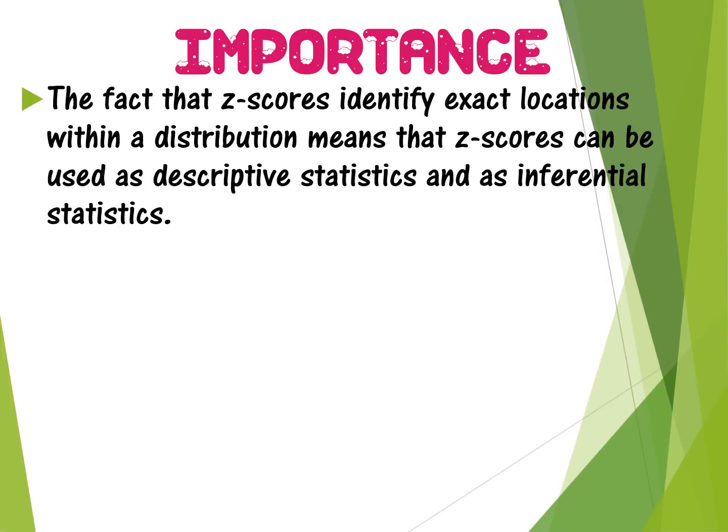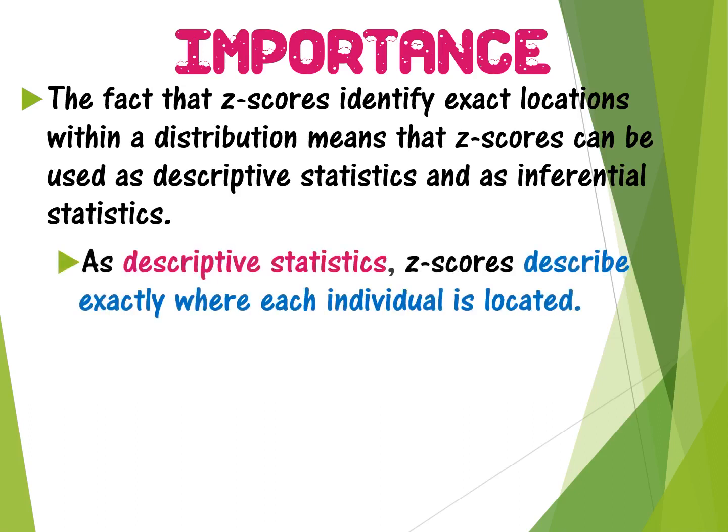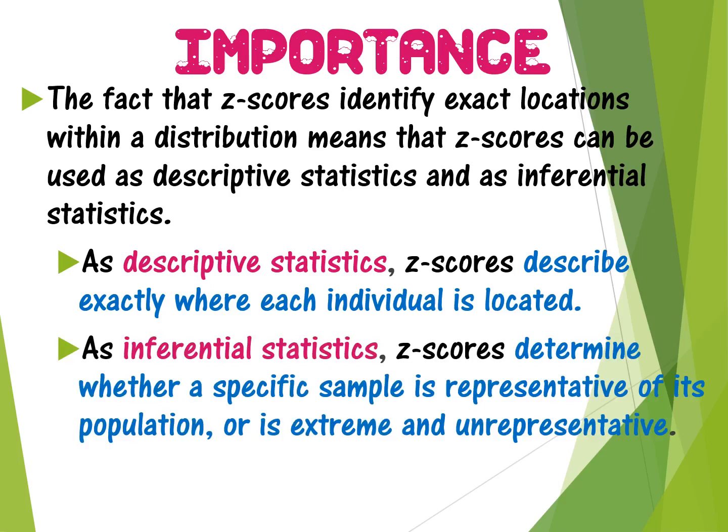Since z-scores can identify the exact location of a score within a distribution, that means z-scores can be used as descriptive statistics and as inferential statistics. As descriptive, the z-score will describe exactly where each individual is located. And as inferential, z-scores will determine whether that specific sample is representative of its population or it is extreme and unrepresentative.